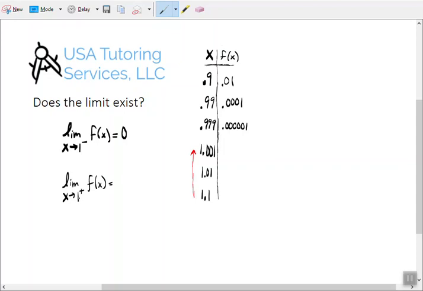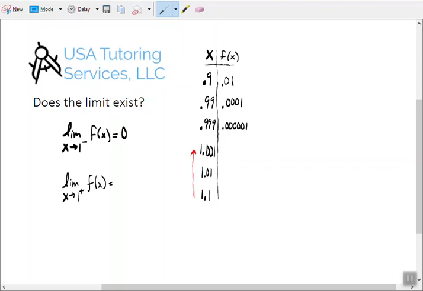So the limit as we're going to 1 from the right. So from the right, we're going 1.1, then we get closer at 1.01, and then we get even closer at 1.001. So let's see what the y values are in this case.